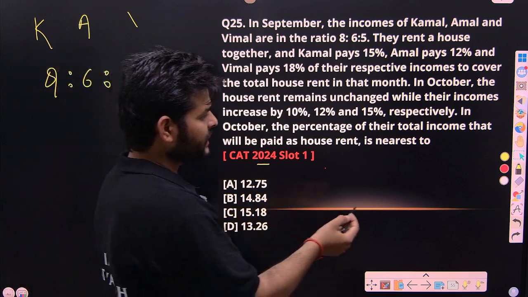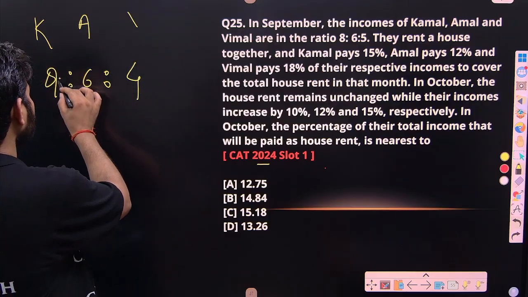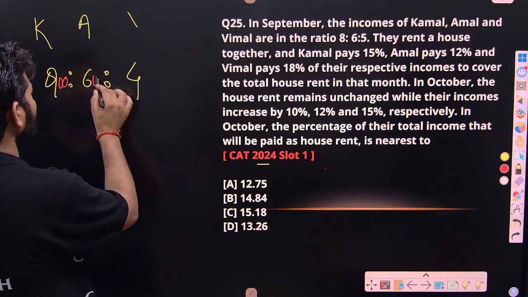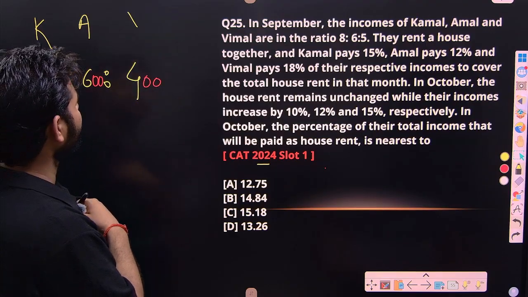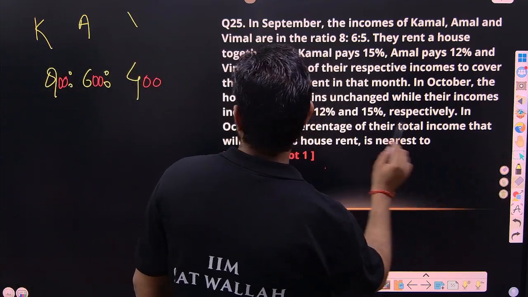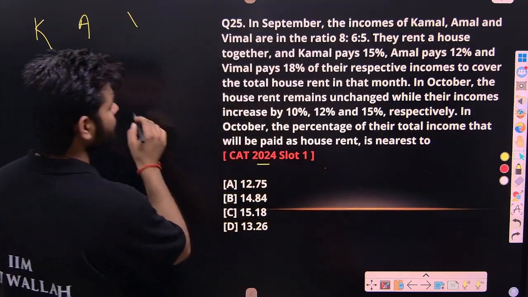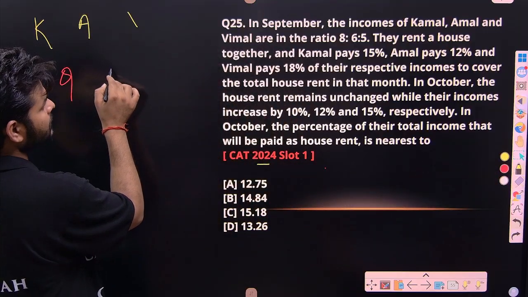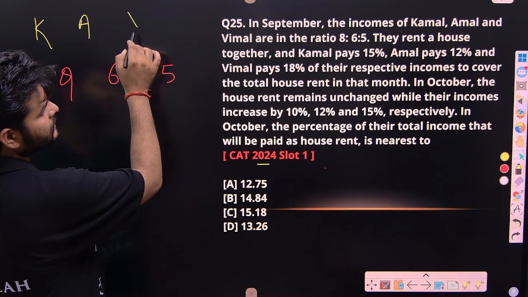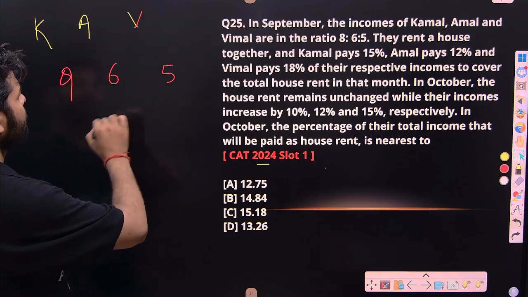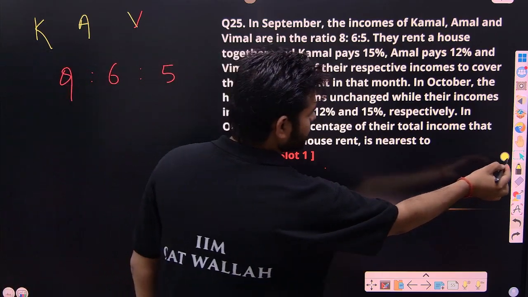So what we do generally, we need to increase it to 20. Just put 20 over here, 20 over here, 5. Oh, sorry, this value is basically 5. So 8, 6, 5. This is the ratio of the incomes of these three ladies.